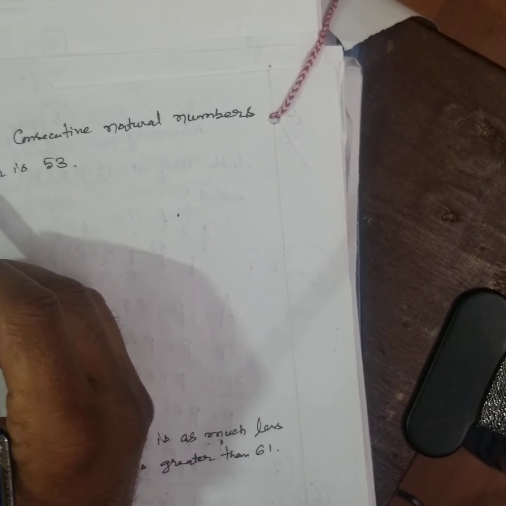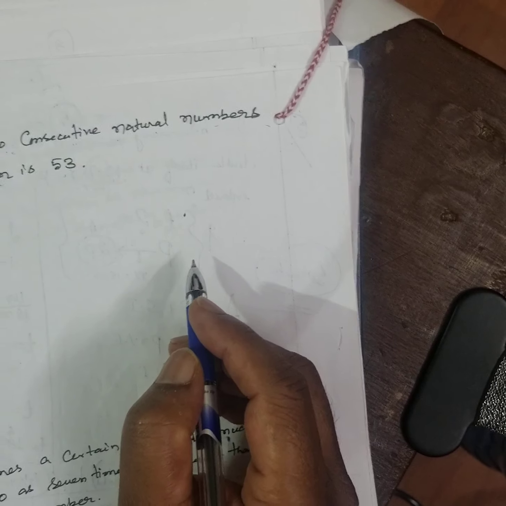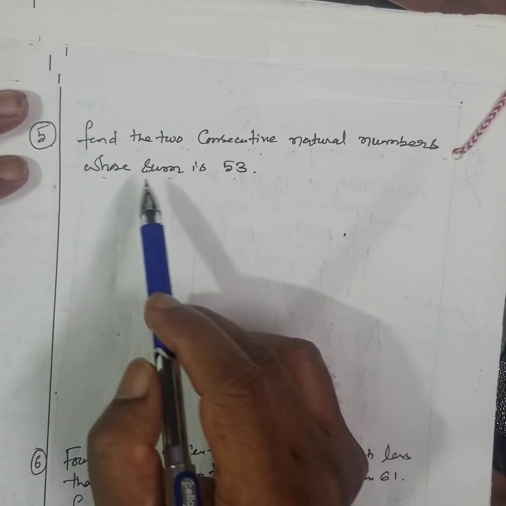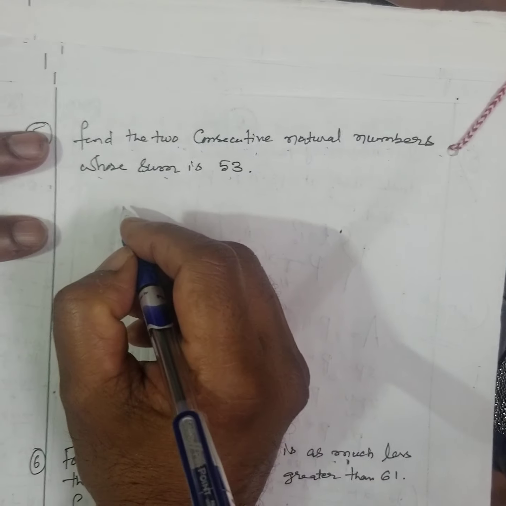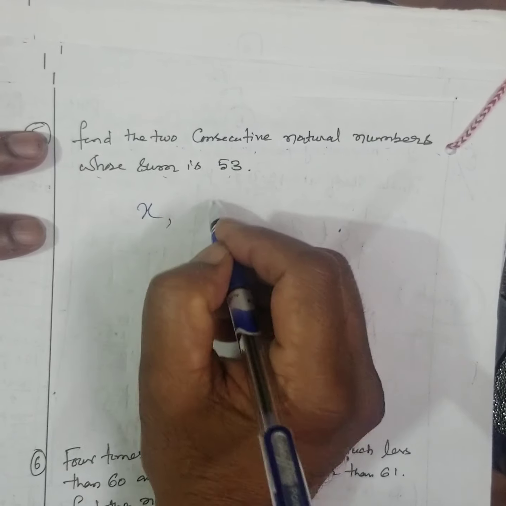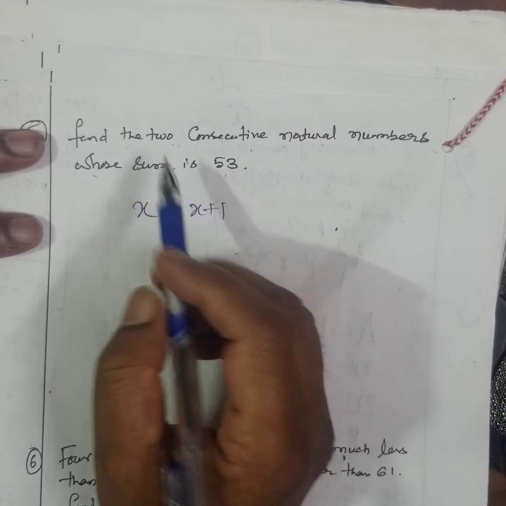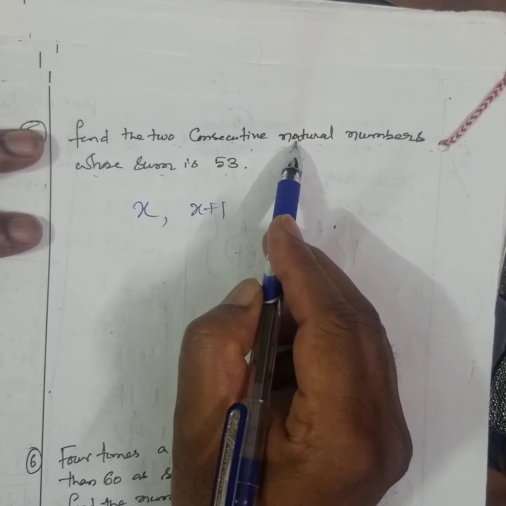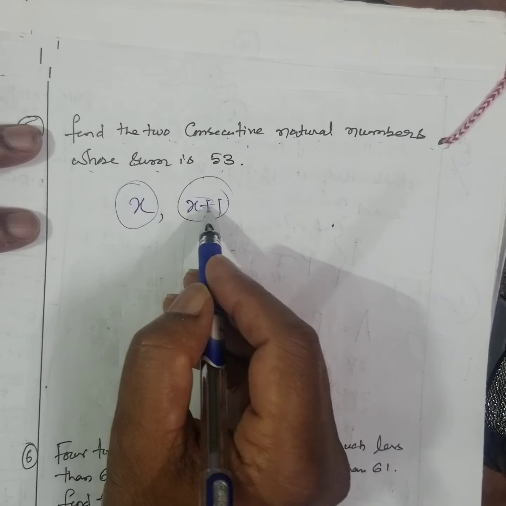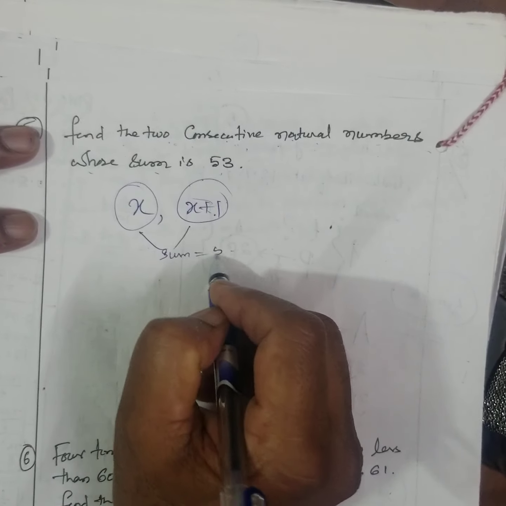See, this is a different one. Find the two consecutive natural numbers whose sum is 53. What is a consecutive natural number? Suppose x is the natural number. The next number is x plus 1. Right? This is one number. The next number is x plus 1. The sum is equal to 53.